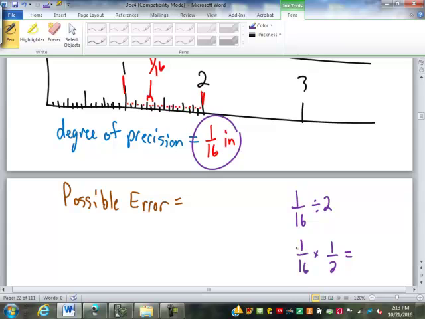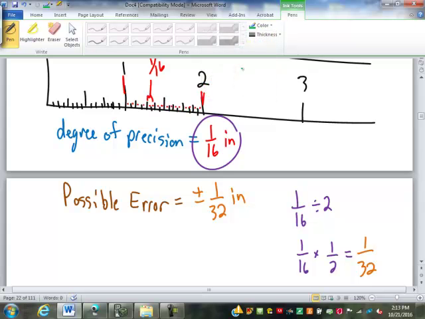To me, when it's a fraction like this, it's easier to do times 1/2. 1/16 times 1/2 is 1 times 1 is 1, 16 times 2 is 32. So 1/32. So what that is saying is anything measured with this ruler has a potentially plus or minus 1/32 of an inch error.